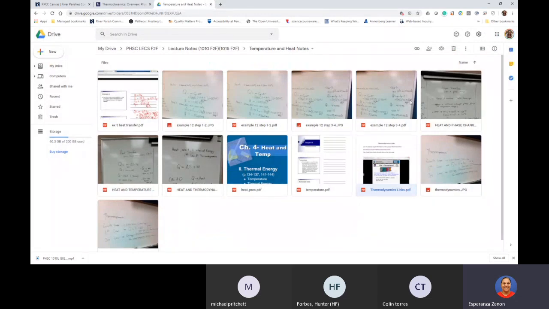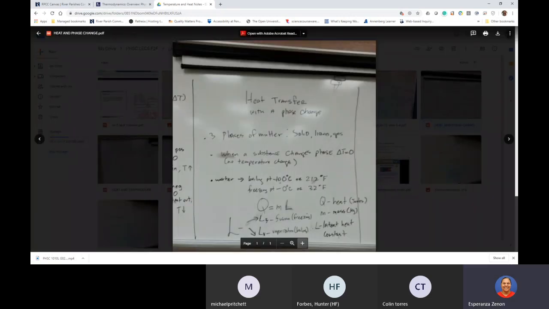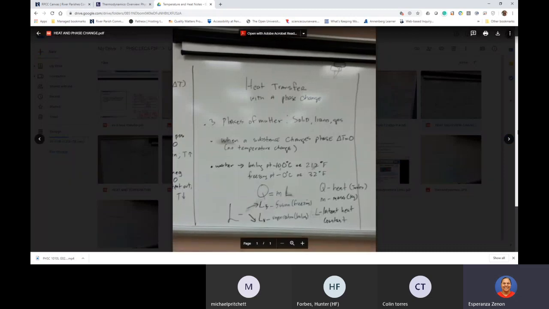So we've looked at these items here, all four of these. What I did was summarize things for you in several of these pictures. I looked at the idea of heat transfer with a phase change. So the three phases of matter, and the idea that when a system undergoes a phase change, the temperature difference is zero, so you don't get any temperature change.